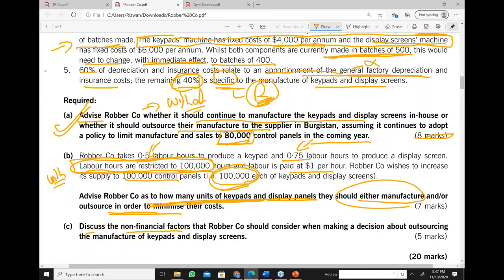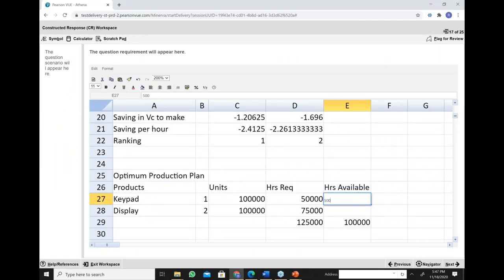We have 100,000 hours given in the question. This is the restriction here. So first 50,000 will be given to keypad. So how much we are left with, guys? 50,000. Okay. So the next 50,000 will be given to display screen.